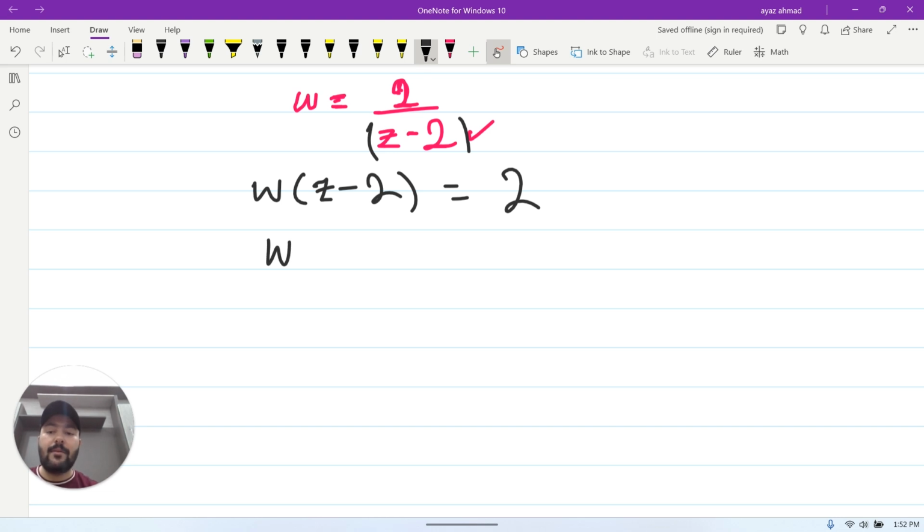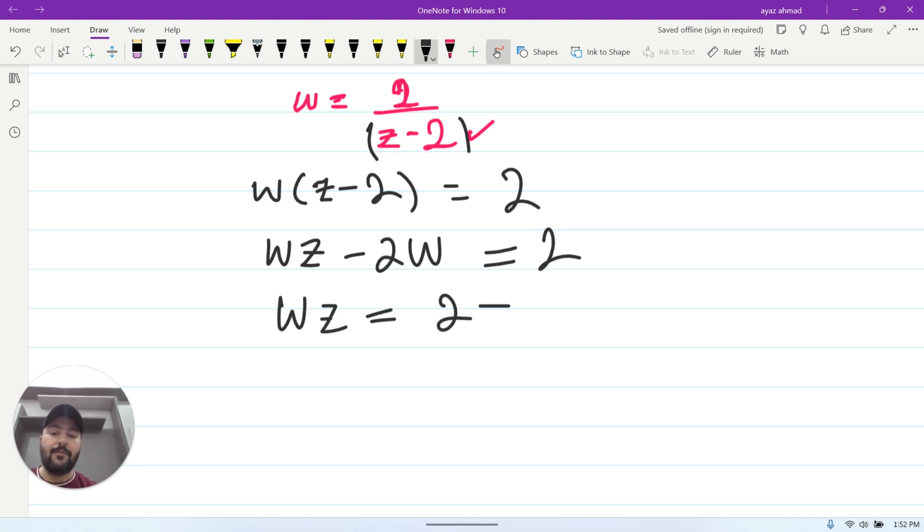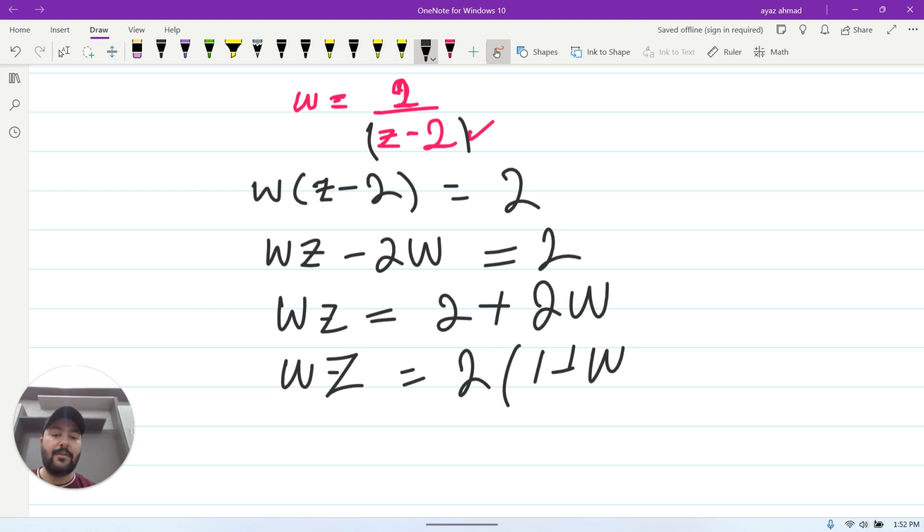Then wz minus 2w is equal to 2. From here, wz is equal to 2 plus 2w. Then wz is equal to 2 would be taken as common, then it would be 1 plus w.